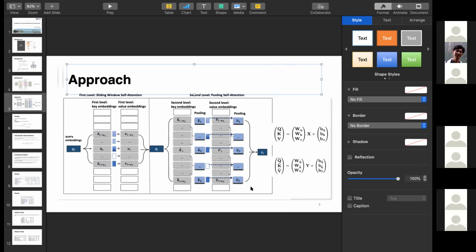Can I ask what's the relation between the first level and the second level? I'm not that clear. Is the first level used first and then the second level? Yeah, I think you're right. The output of the first level is the input of the second level.